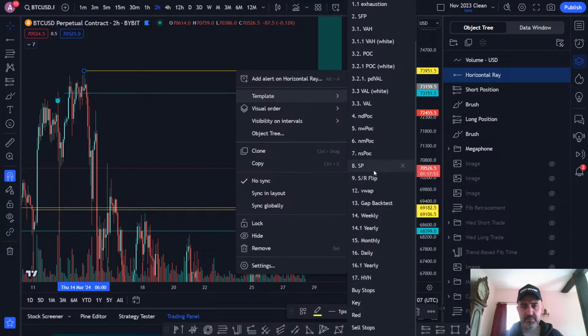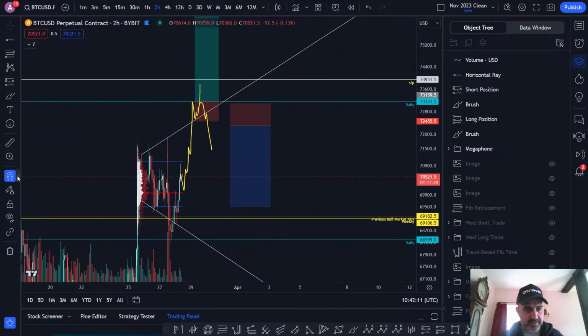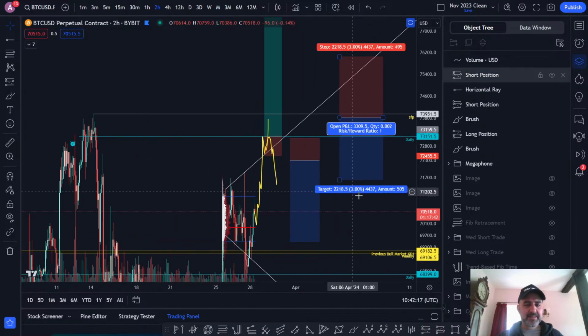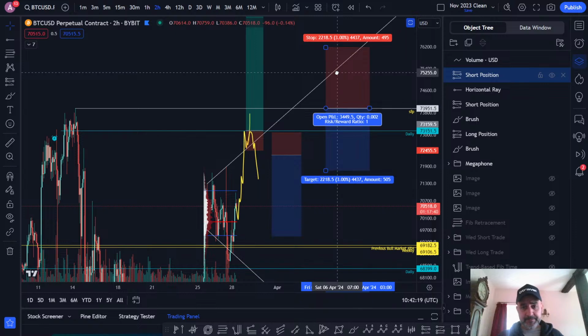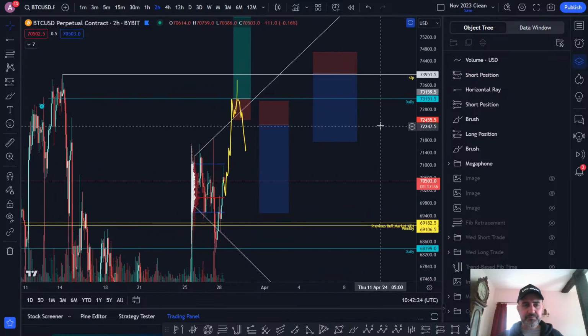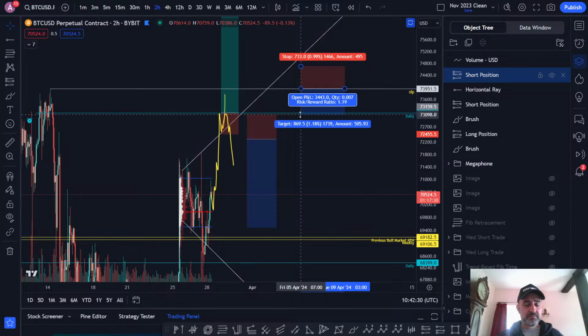And that would look like this. The problem is you're shorting right back into this daily level. So you're shorting back into support. So actually, probably, I think that would be more of a scalp to begin with.